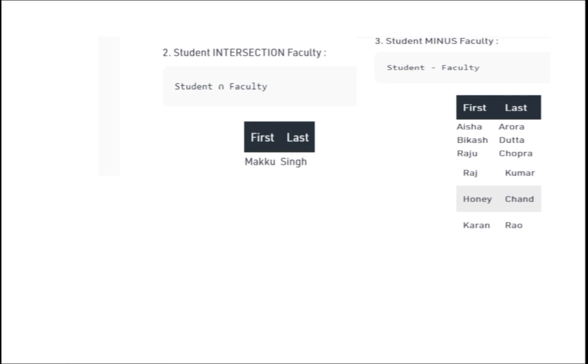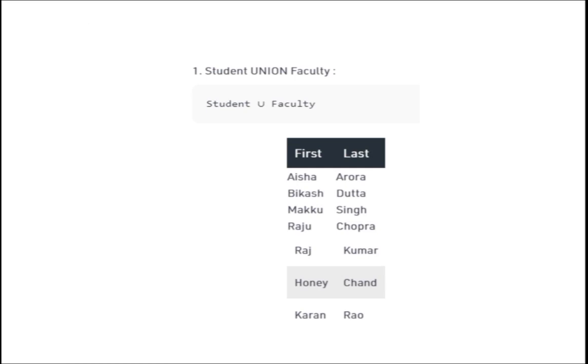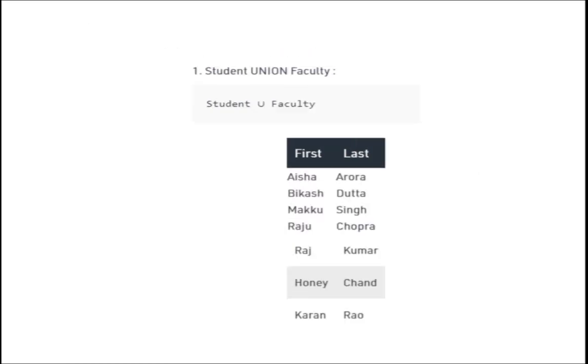Next, student minus faculty. These are the values that should be present in student: all the values present in student but not in faculty. All the values present in student are Aisha Arora up to Raju Chopra, but Makku Singh is not there, because we want all the values that are present in the student but not in faculty.